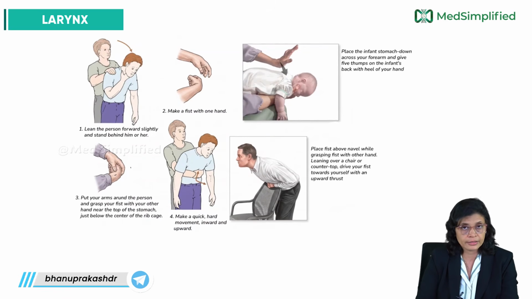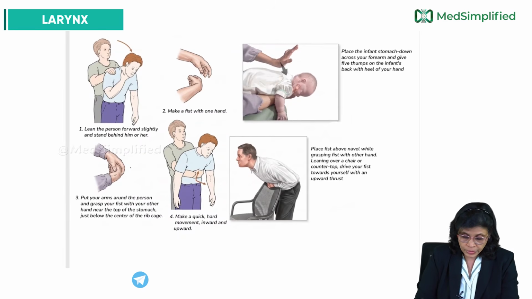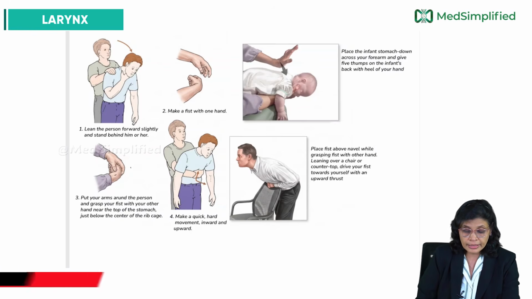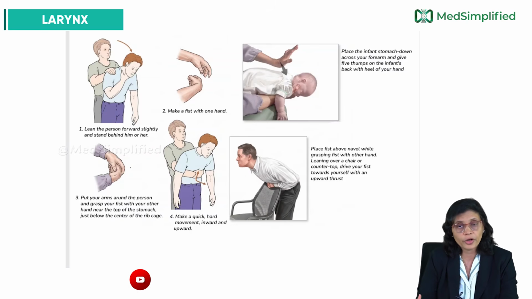So what is the anatomy or the action behind that? When we do it like that, the residual air in the lungs is squeezed up into the trachea. With that, pressure is increased, and because of that it can force the dislodgement of the foreign body.